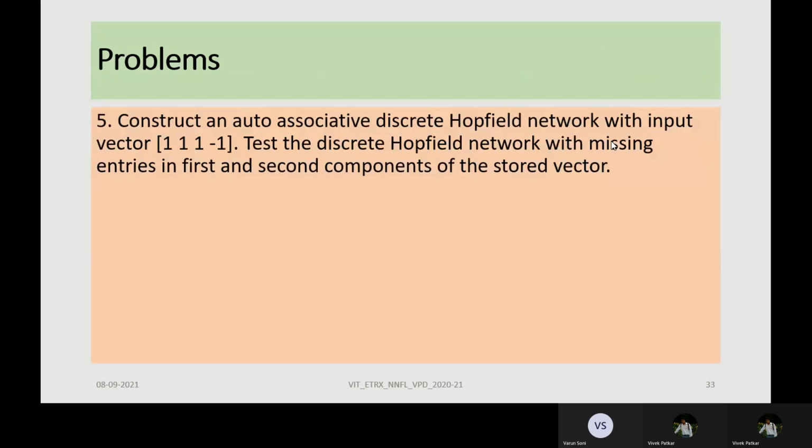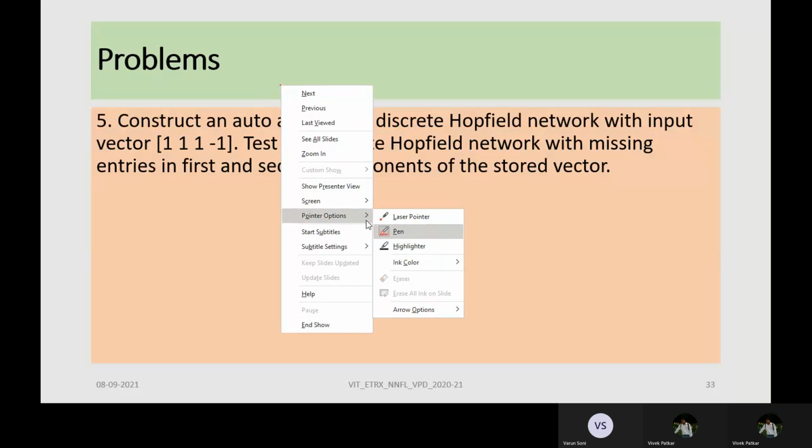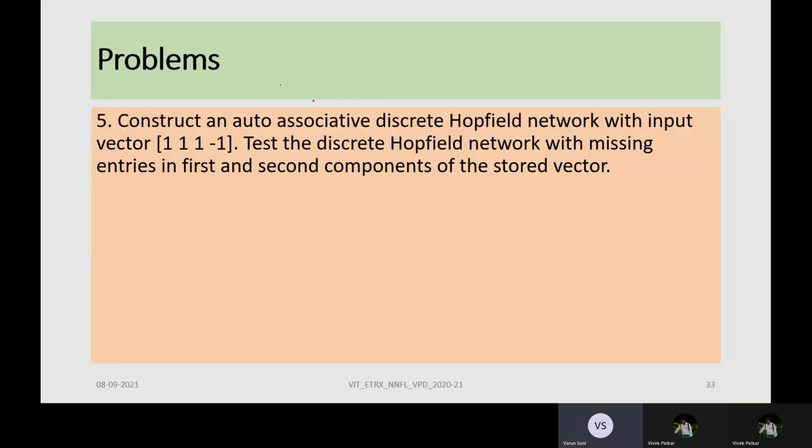So take down the problem. We have to construct a discrete Hopfield network, which is a type of auto-associative network. To construct an auto-associative network using discrete Hopfield net architecture, we have to store this vector.